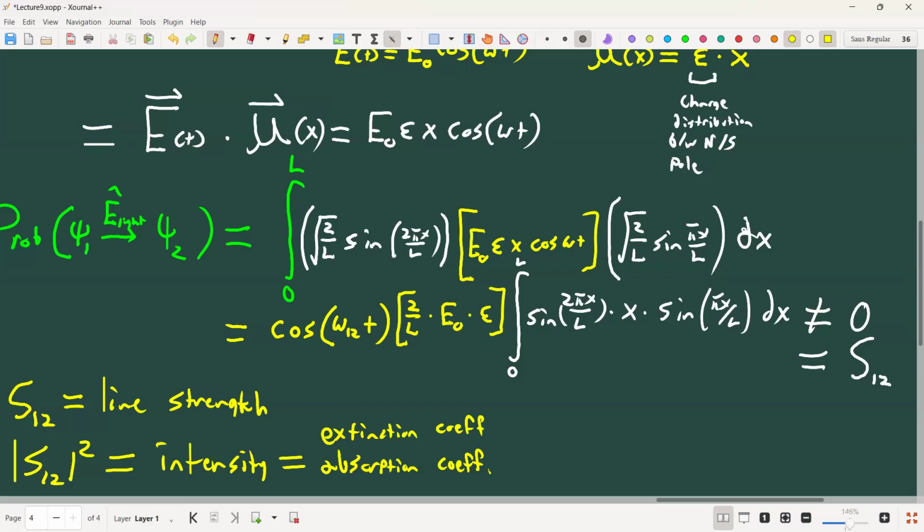All the absorption coefficient tells you is, when light passes through your sample, what's the probability that a molecule in your sample is going to pick up a photon and get excited to the next level and absorb that photon. That's all we're calculating.